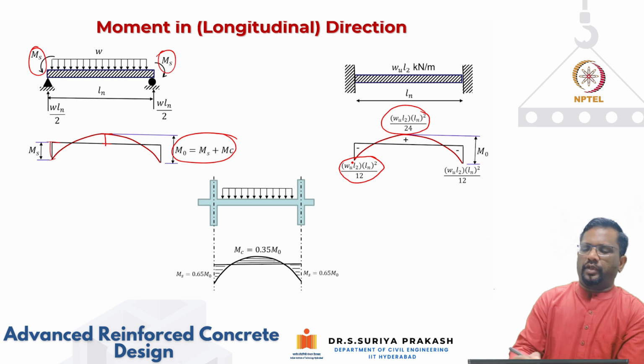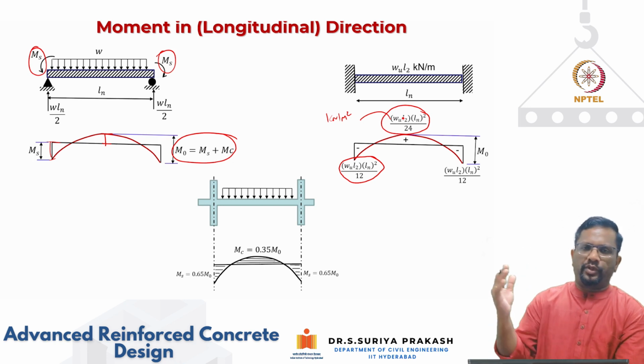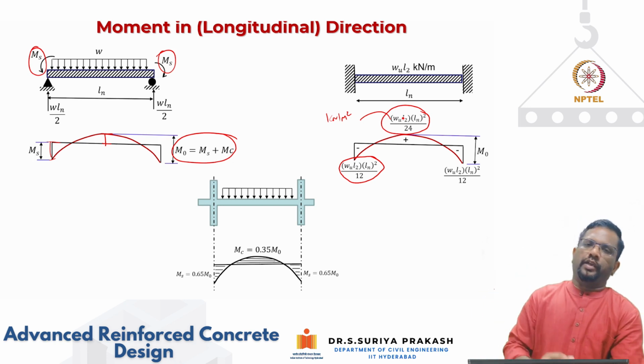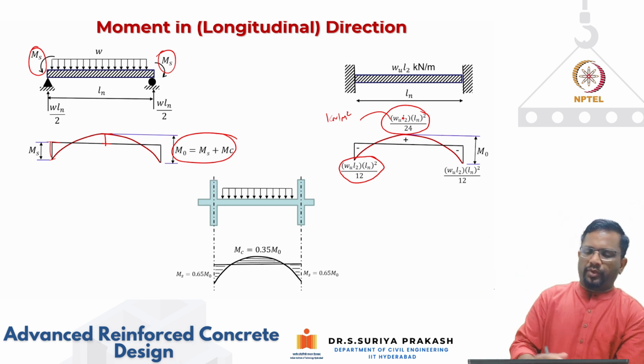Now, the only thing is that w here is in kilonewton per meter square. That is why we are multiplying by l2 to get kilonewton per meter, and then ln square by 24 or 12 for the support.